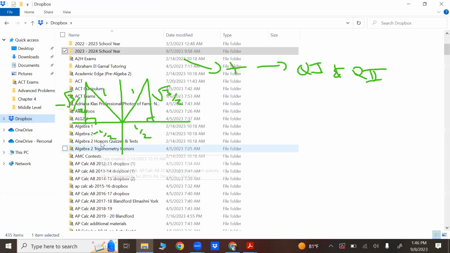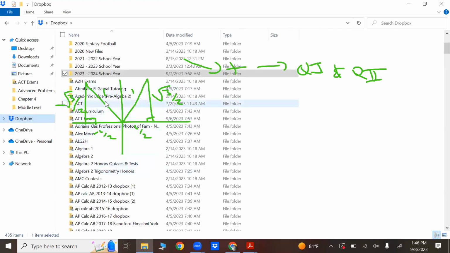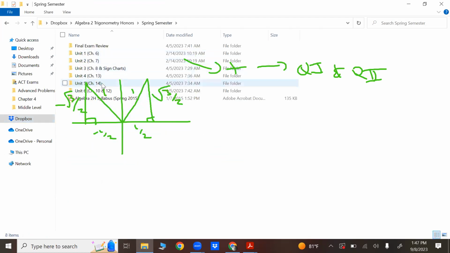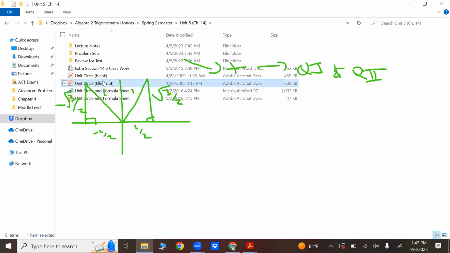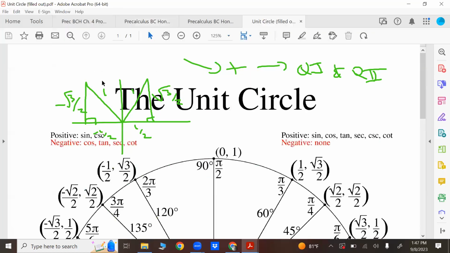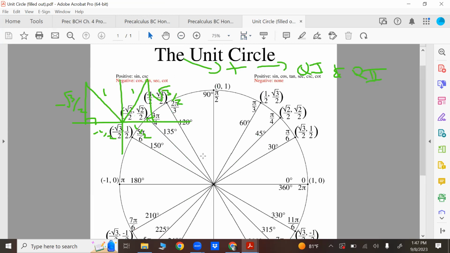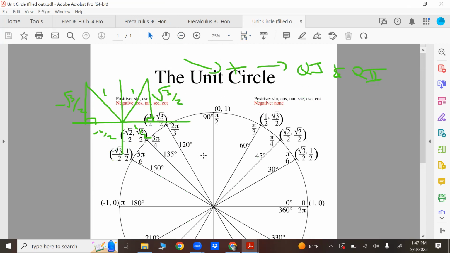Let me go to the unit circle I have somewhere here. Here we go. Okay, so where is the y coordinate root 3 over 2? At what angle?